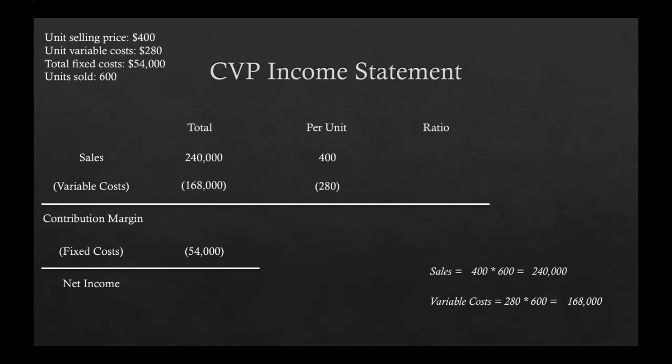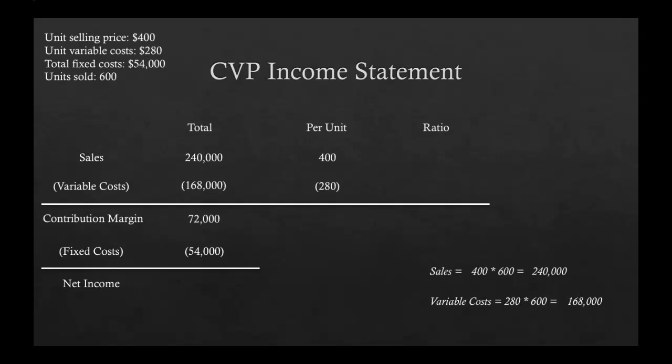Now we can find our total contribution margin. Your contribution margin will be your sales minus your variable cost. So $240,000 minus $168,000 gives us a contribution margin of $72,000.